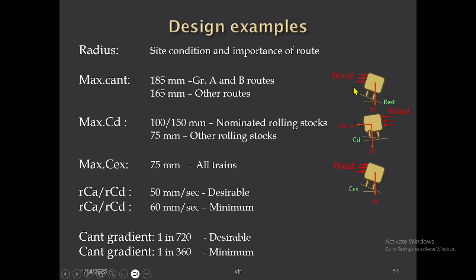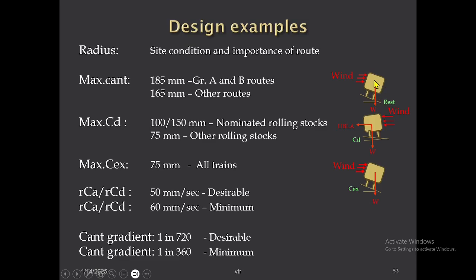Sometimes there are chances of stopping the train on a curve. When the train is at rest, there won't be centrifugal force acting on the vehicle, and in the absence of the centrifugal force, the entire load of the vehicle will be distributed towards the inner rail only.